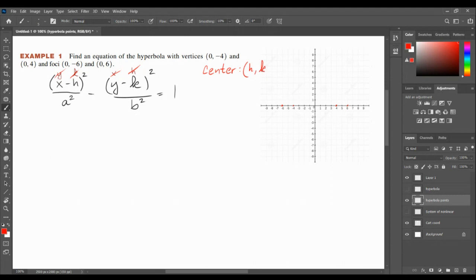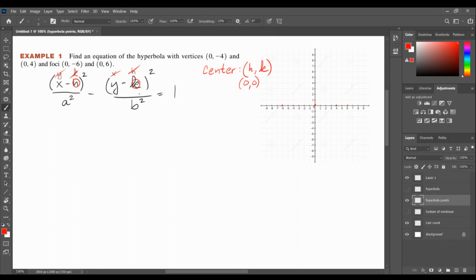And it is exactly halfway between the vertices. So halfway between negative 4 and 4 is right here at 0. And it would be 0 in the y as well. So the center of this particular hyperbola is (0, 0). So that gives us our value for h and the value for k. Those will both be zeros.